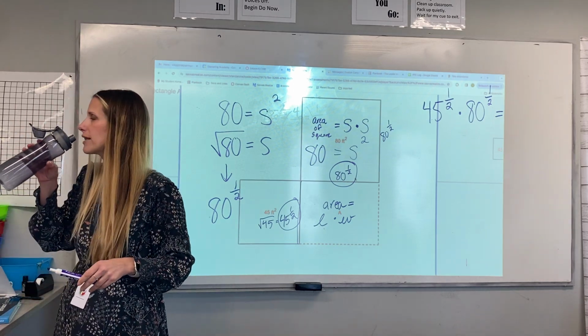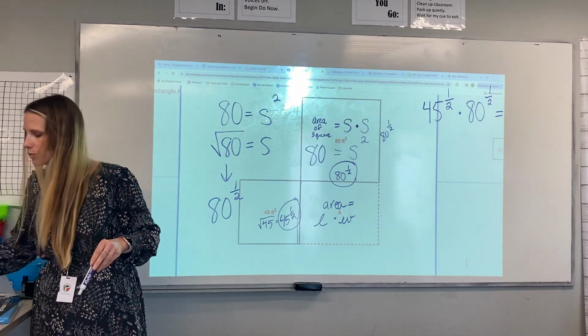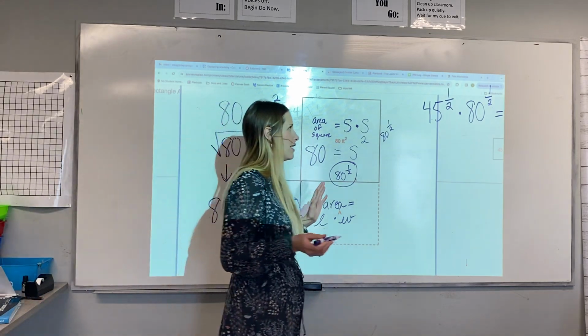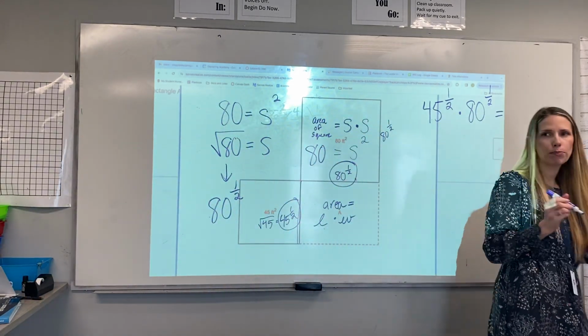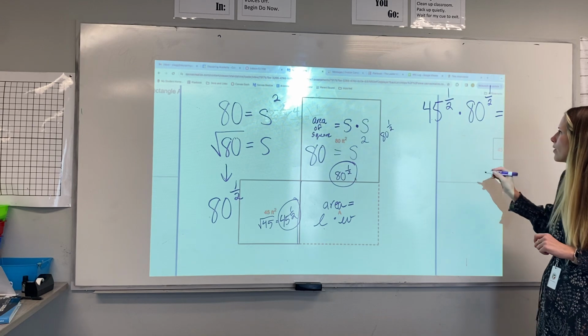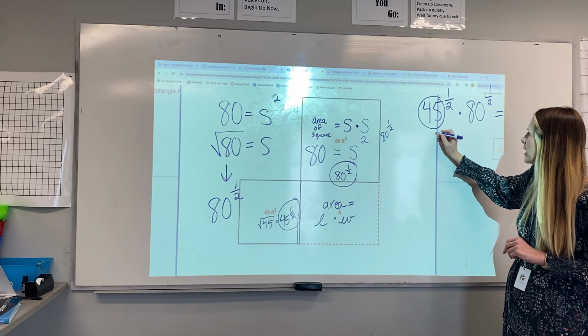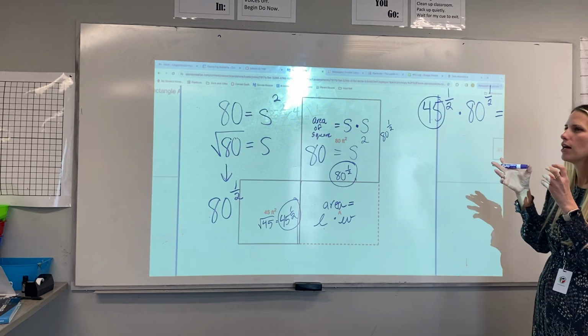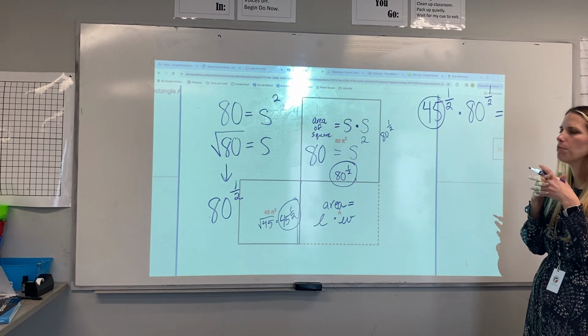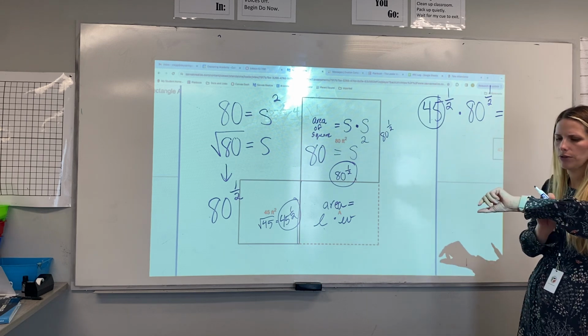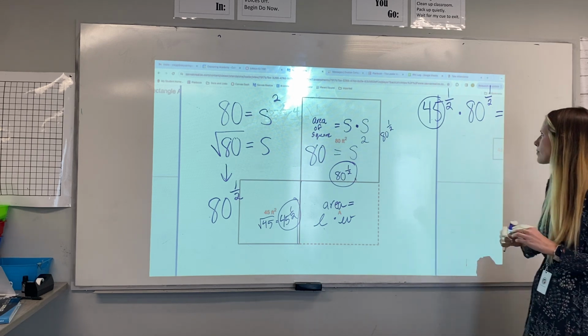Okay, so now we're going to start breaking these down. We have to break 45 down into a number that can be simplified.